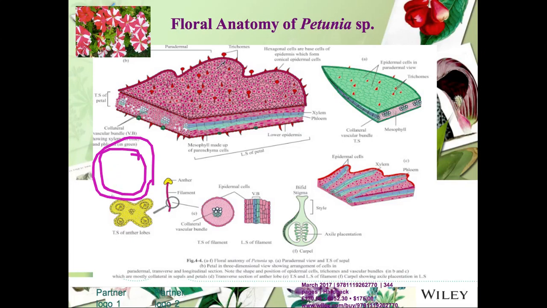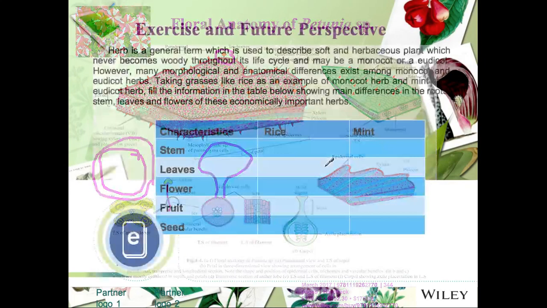Further, the petal epidermis also bears glandular structures which release certain aromatic compounds which attract pollinators. Similarly, in the case of carpel and anther lobes, you can see that they are also examples of eudicot flowers.